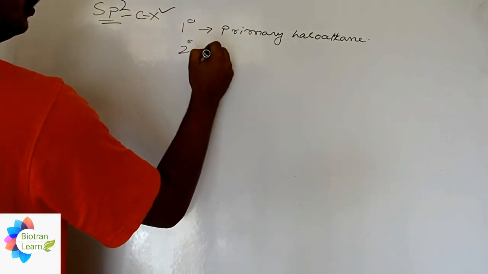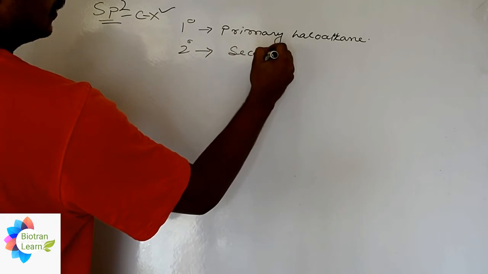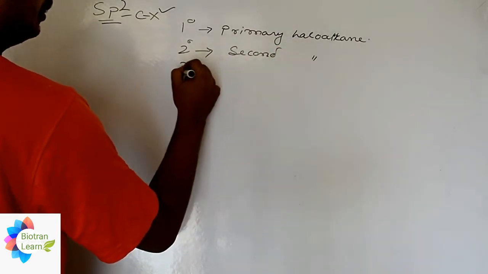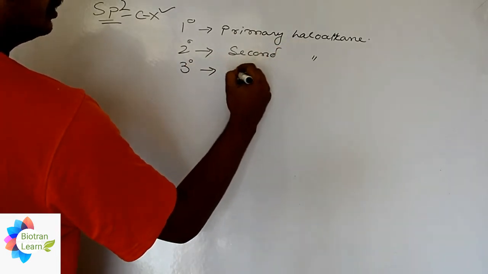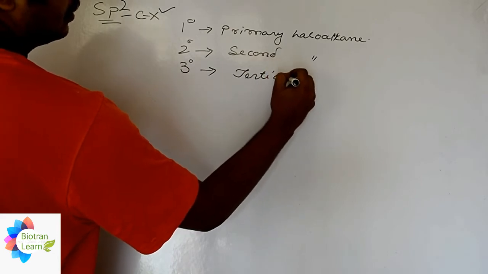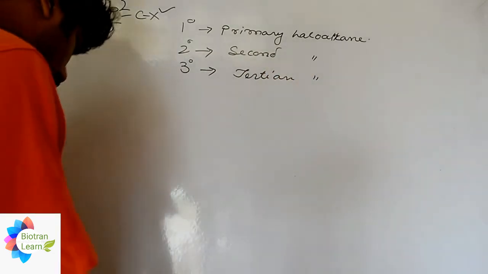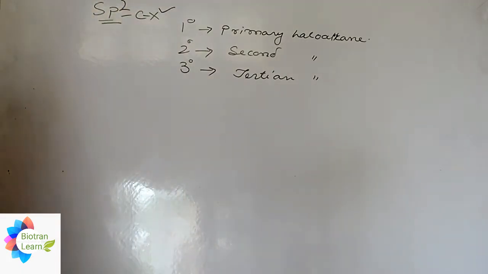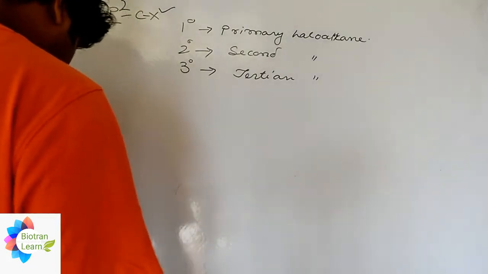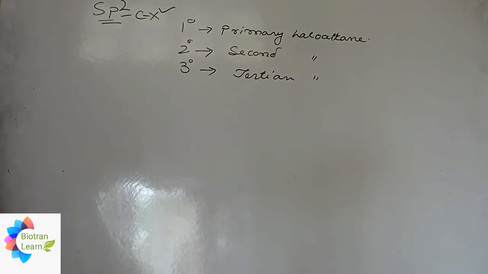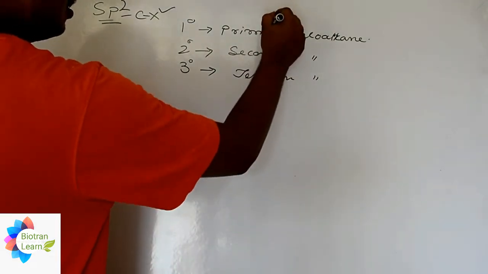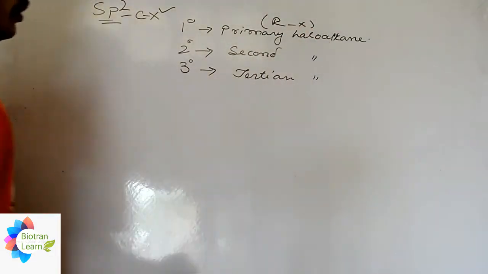Number 2, secondary haloalkane, and number 3, tertiary haloalkanes. This could be on the structures of allylic halides also, right? So on the basis of this one, we will be studying the haloalkanes in case of R-X bond formation, right?